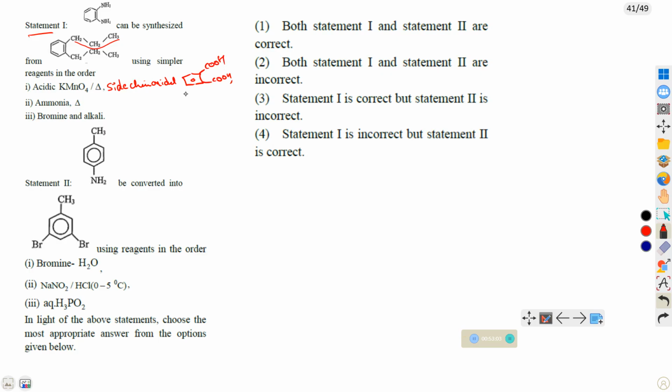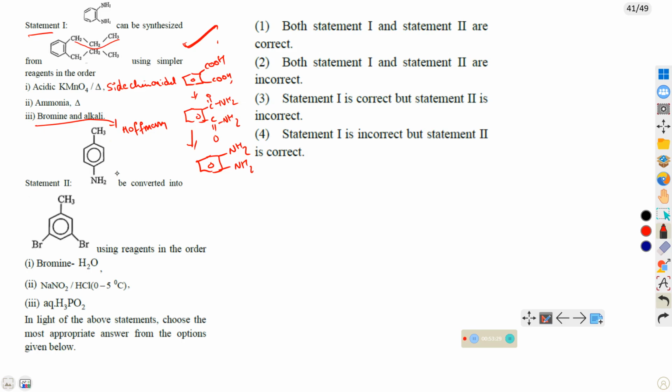Now reaction with ammonia gives CONH2, CONH2. Now bromine alkali means Hoffmann bromamide degradation, which removes the carbonyl group and gives NH2, NH2. So statement 1 is correct.